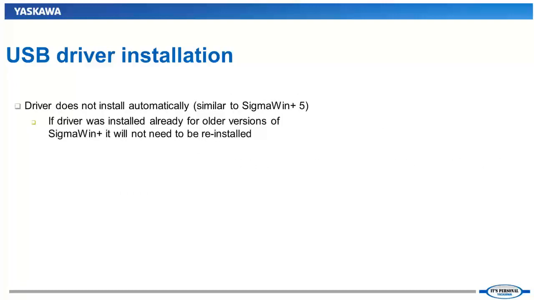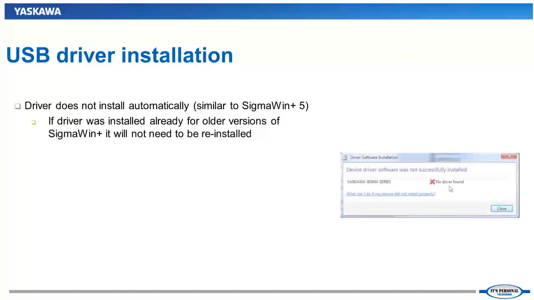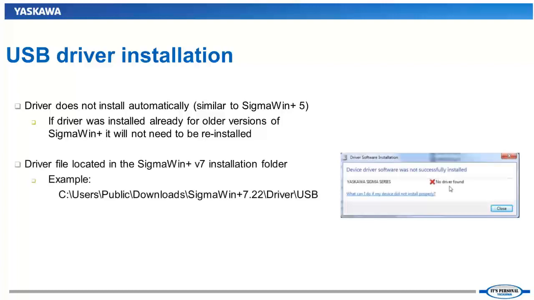The USB driver installation, for those of you who have used Sigma7 version 5, the driver for the USB port does not install automatically. If you already have that driver installed for Sigma7 version 5, you do not need to reinstall it, but if you do not have it installed, you will need to go to this location. An example here. The driver is actually contained within the install file folder this time.